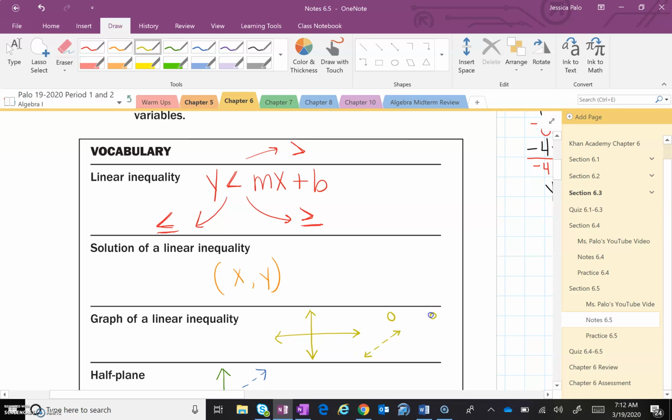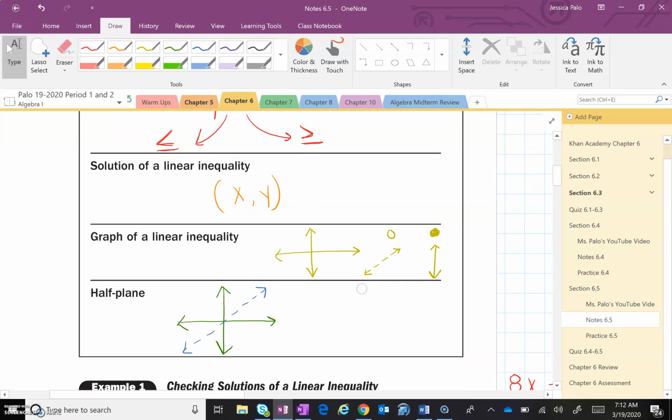And instead of a closed circle, you'll be graphing a solid line. And then a half plane. You are going to be dividing your coordinate plane into two parts when you put your line on it. So the half plane is just the two sides of the line. It's separated into two half planes.